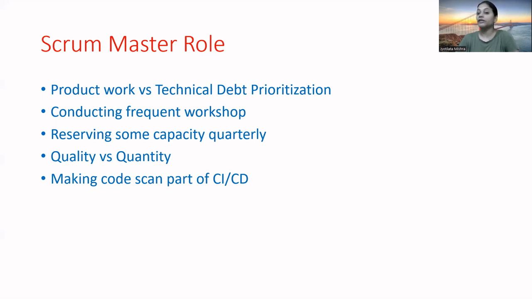Conduct frequent workshops where we talk about design patterns, the latest changes happening in engineering, the changes to the version of Java. Have those tech talks or workshops around these topics, and not just focus on product delivery.